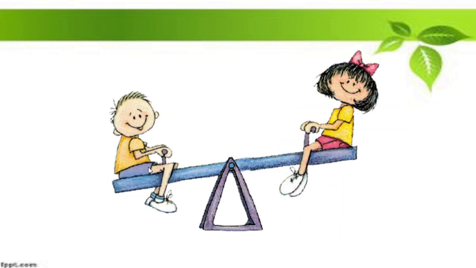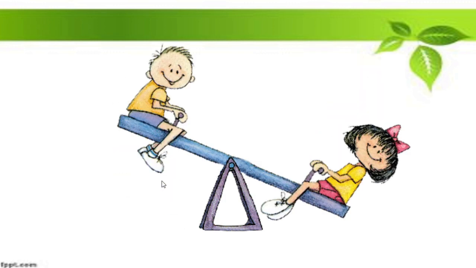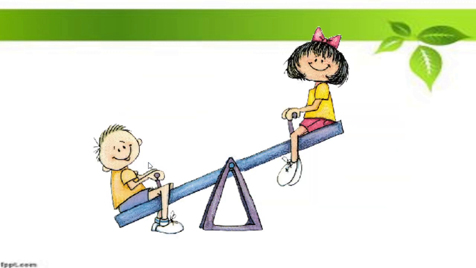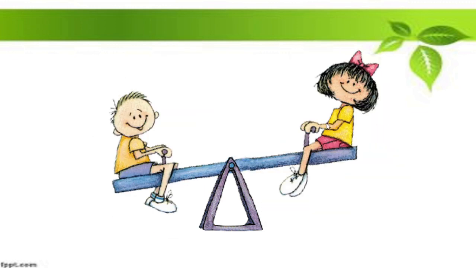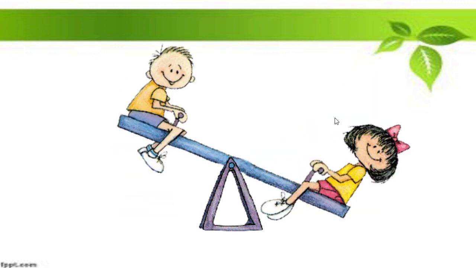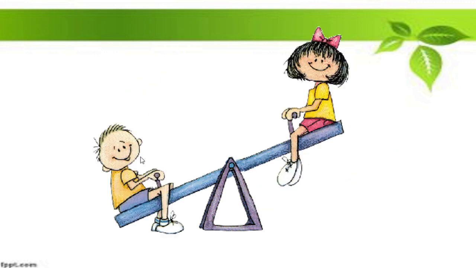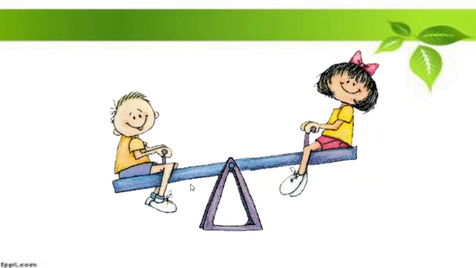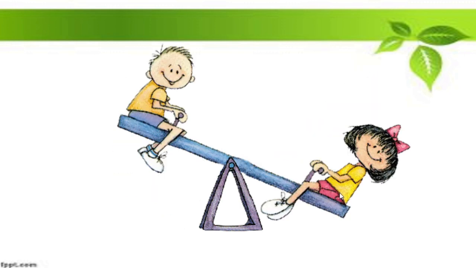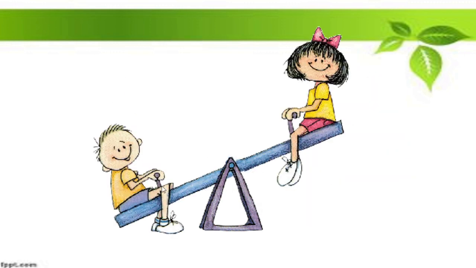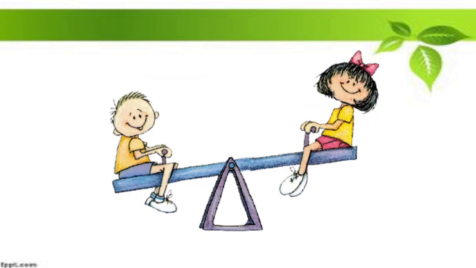Yes. Wherever the weight is more, that side goes down. And where the weight is less, that goes up. Isn't it? See here, the boy is weighing more, so it is going down. Here, girl is moving more. Or these children, wherever the weight is less, that side it goes up.